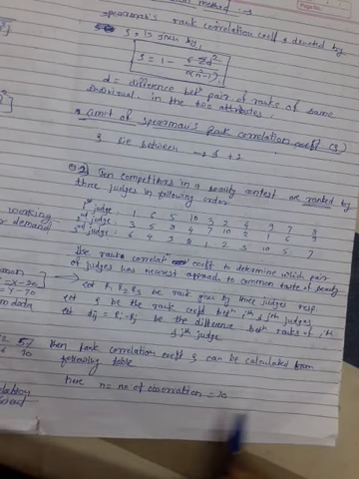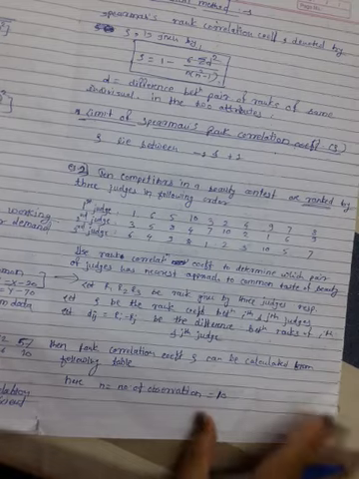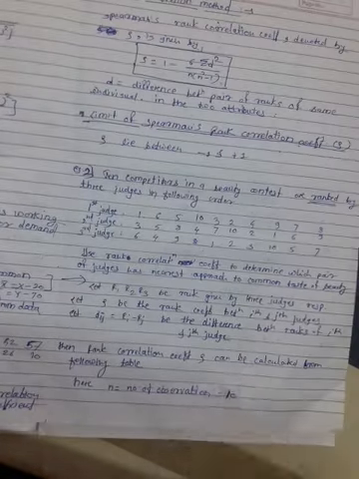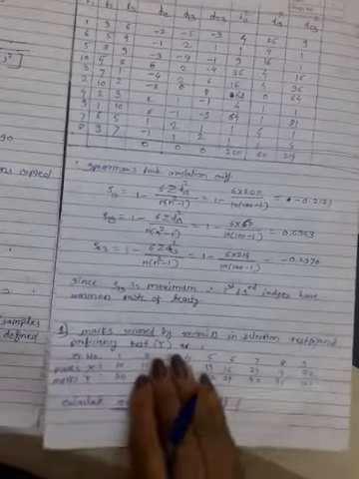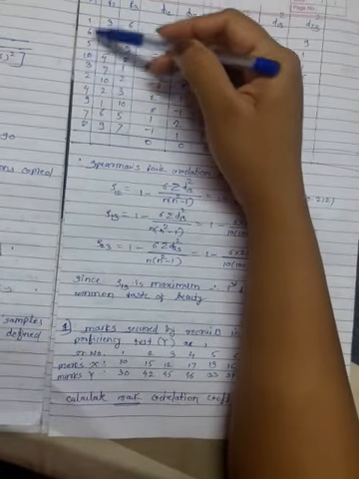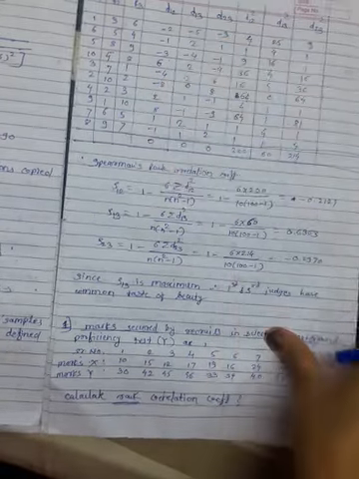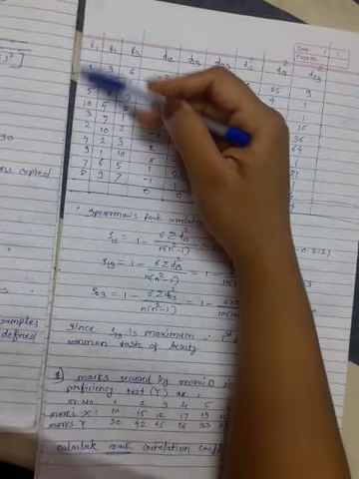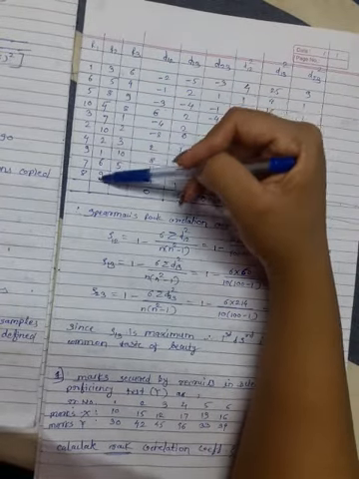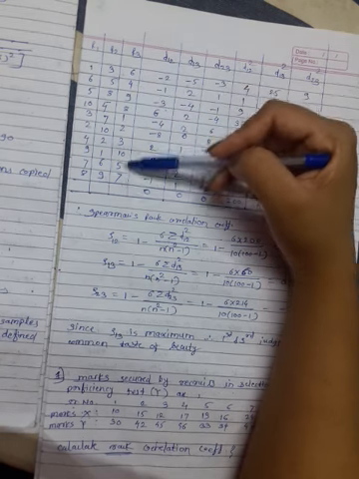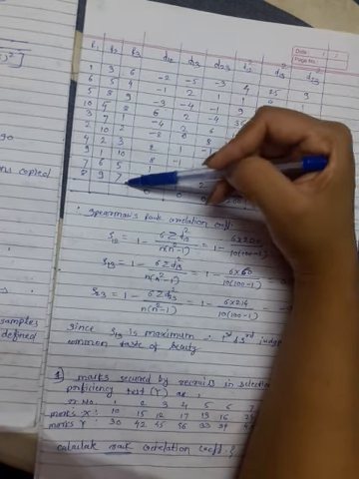The number of observations is 10. Let R1 be the first judge's rank, R2 the second judge's ranks, R3 the third judge's rank.